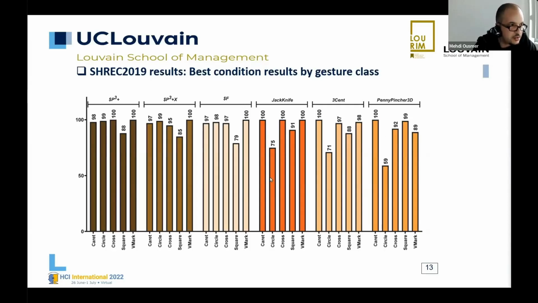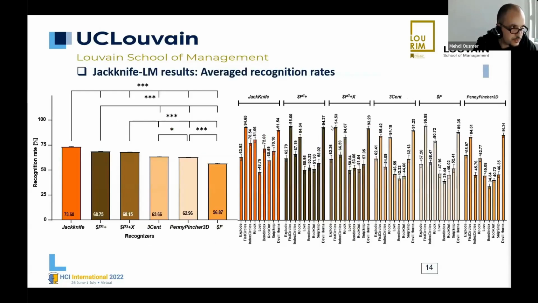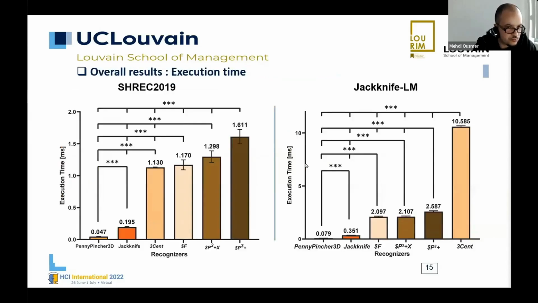As you can see, some recognizers have some issue with the circle gesture. Here we have the results of the Jackknife LM dataset. On this graph, we have the execution time on the HCII and on Jackknife datasets.